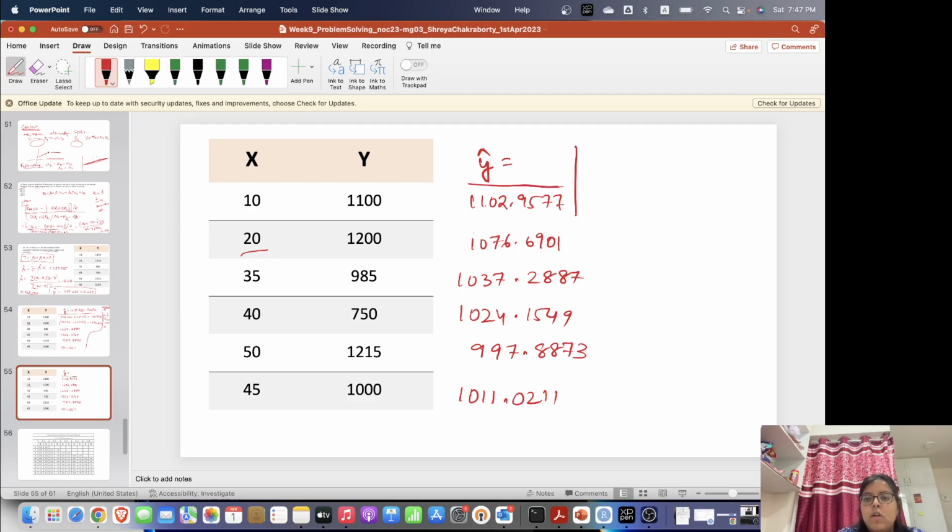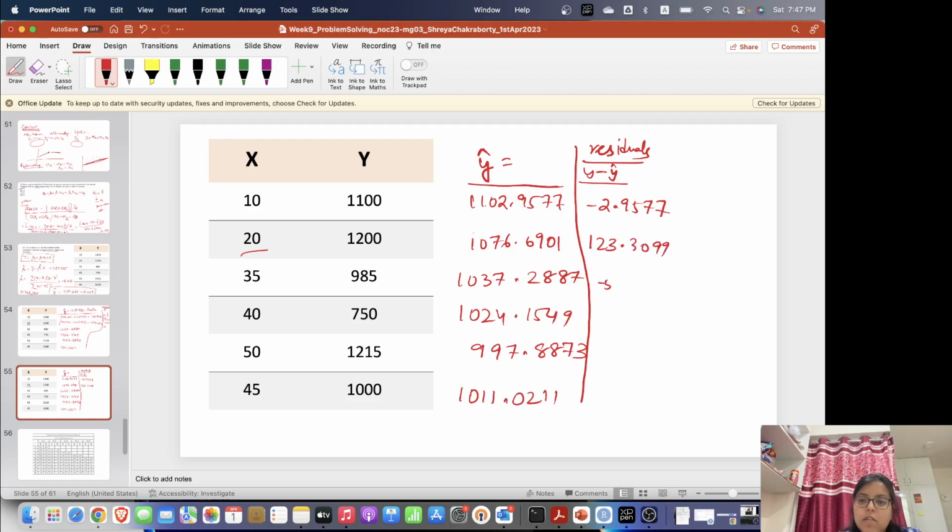Then I would get the residuals. This will be y minus y hat. So here I would have minus 2.9577. This would be 123.3099.